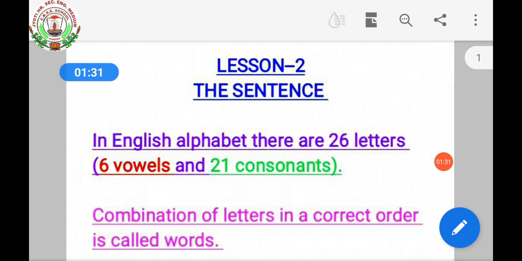So like this, the invention of letters, then words, then sentences came into practice. तो लेटर बने, वर्ड्स बने, सेंटेंस बने, और इस तरीके से आज हम have so many languages. Now we have so many languages to express our thoughts, ideas, emotions and feelings.